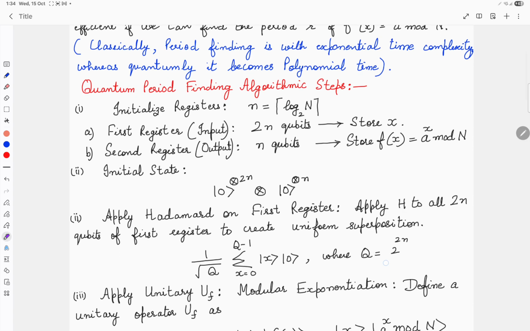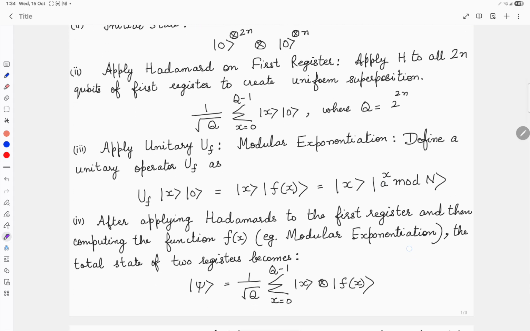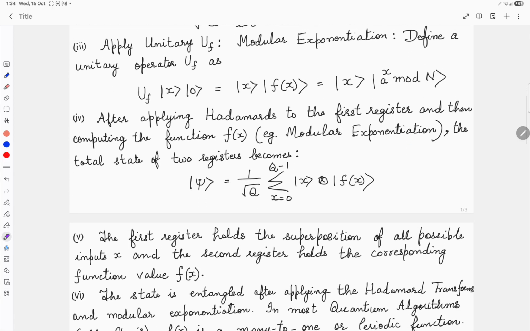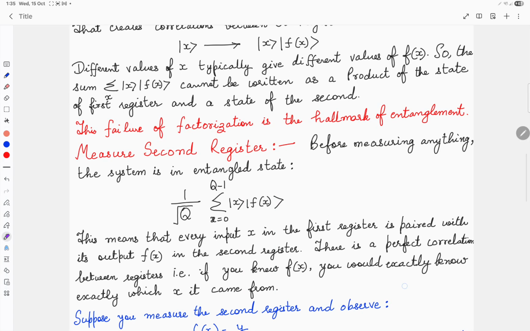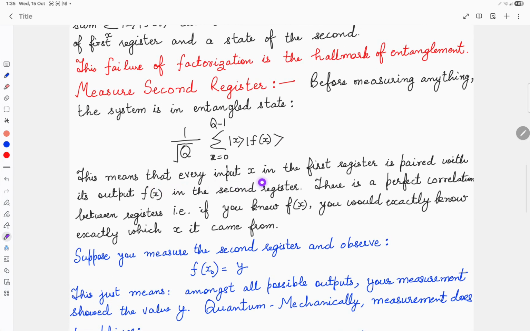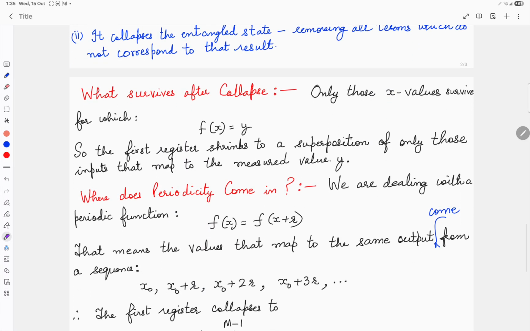That's important. We measure the second register, so that collapses. We also measure the first register, and this is the sequence in which the first register will be.